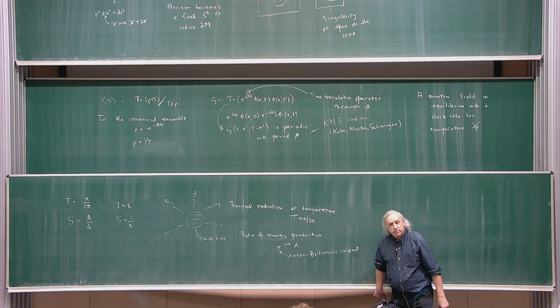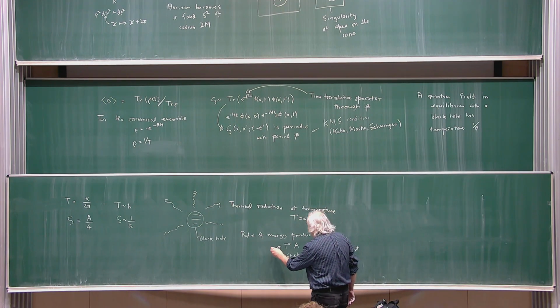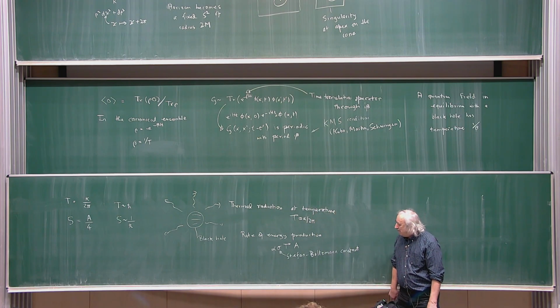But that's just for one species of particle. There could be all kinds of different particles, so there'll be some kind of fudge factor depending on the nature of elementary particles.